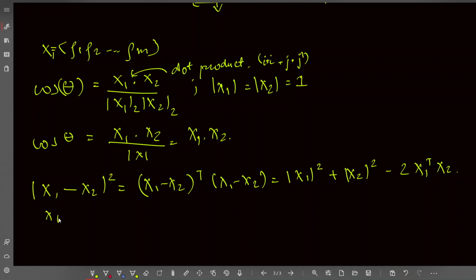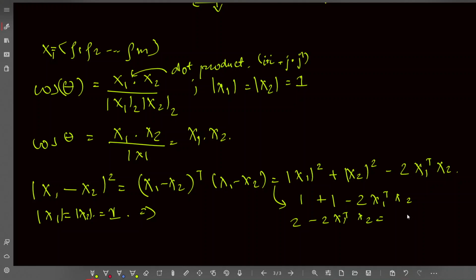Now, if the magnitude of x1 is equal to the magnitude of x2 is equal to 1, this equation can be written as 1 plus 1 minus 2 x1 transpose x2. So that's 2 minus 2 x1 transpose x2, which is equal to 2 into 1 minus x1 transpose x2.